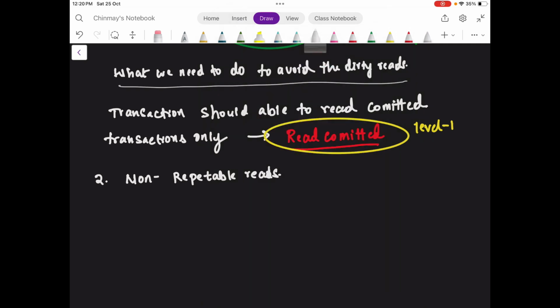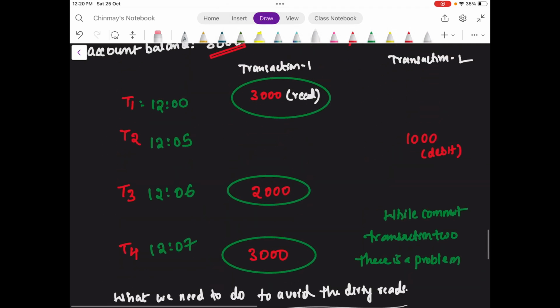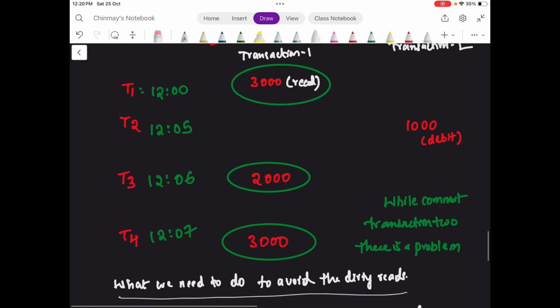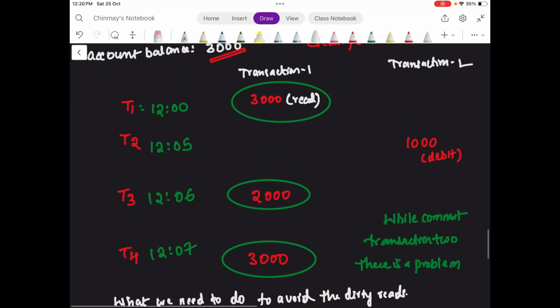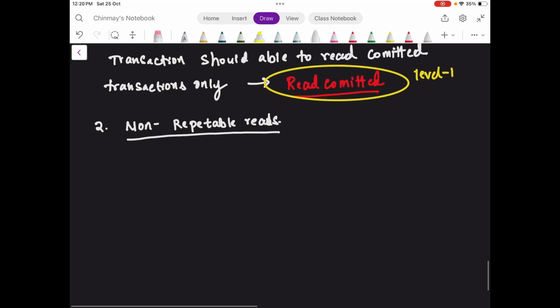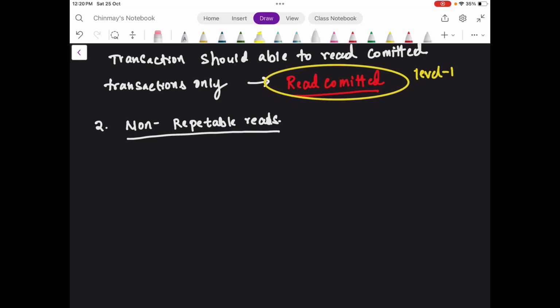What are non-repeatable reads? Say your transaction is now able to read the committed transactions, but still there is a problem that will appear. Let's see an example.